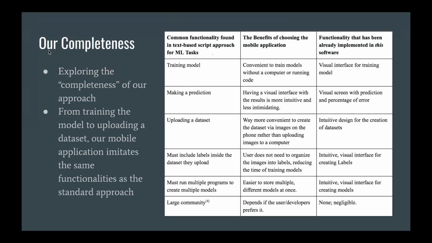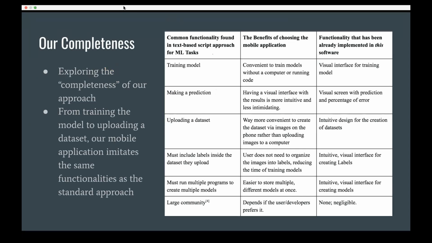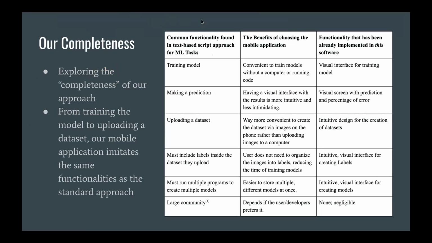So here's the completeness of our approach. We also wanted to discuss how complete our approach was, meaning how similar it was to the actual general standard programming approach to creating and customizing an image classification model. Exploring the completeness of our approach, we can see here that we are able to train the model, make a prediction, upload a data set, and run multiple programs to create multiple models.